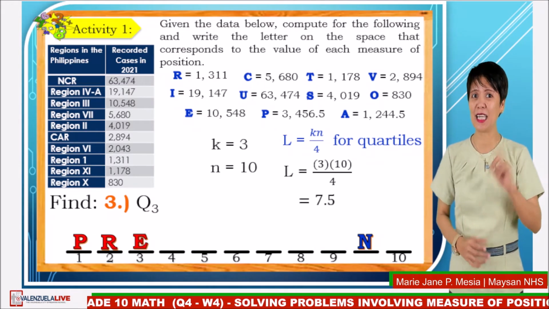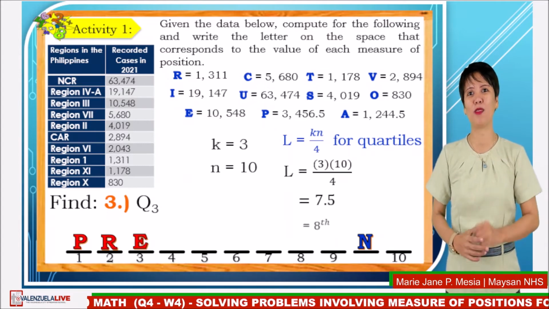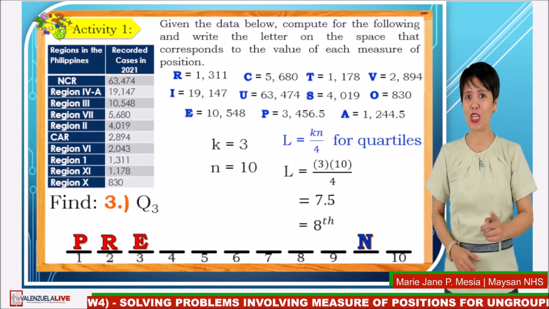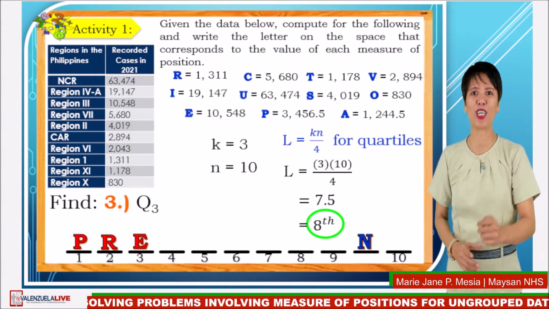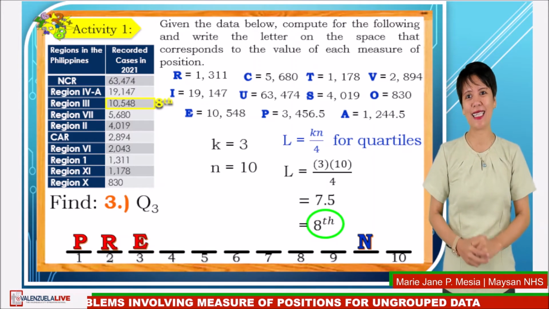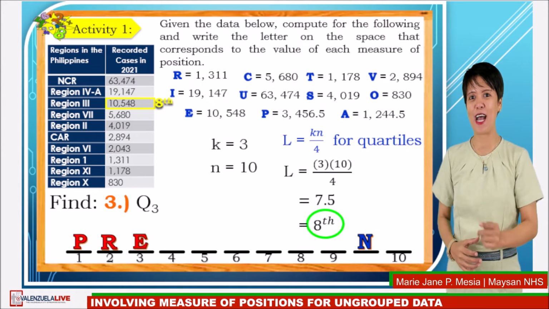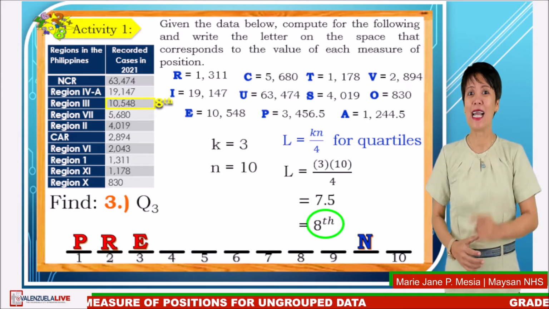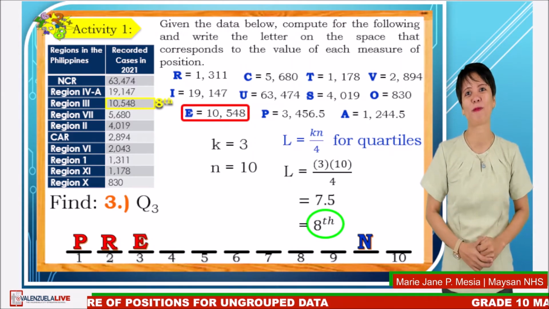Since this is not a whole number, round up 7.5 to the next whole number, which is the 8th position. It is in the region 3, whose cases is 10,548. And the letter that corresponds to the value is letter E.